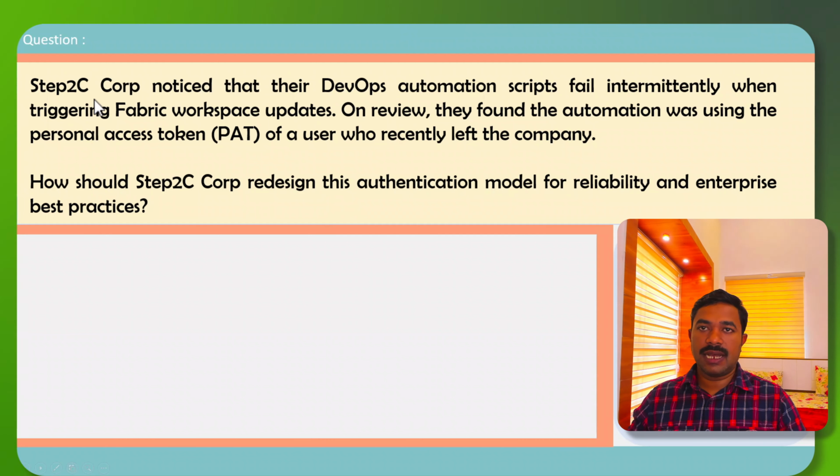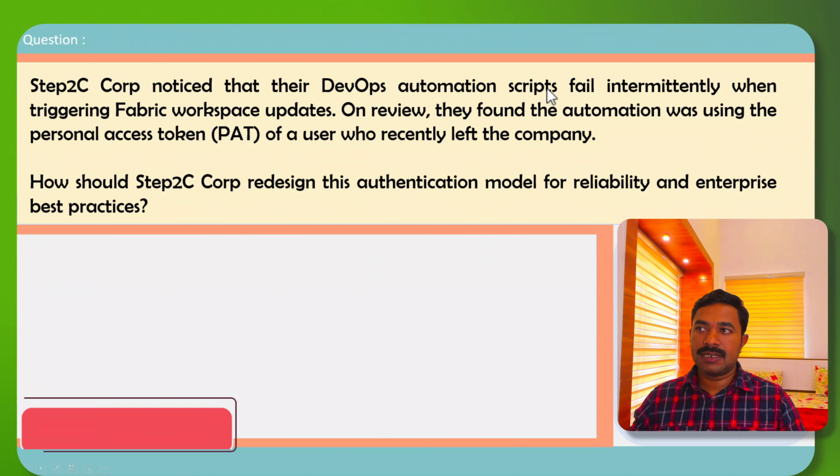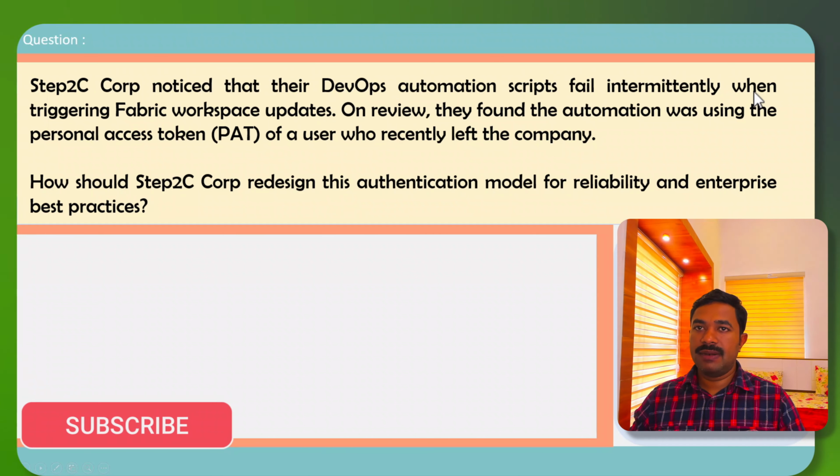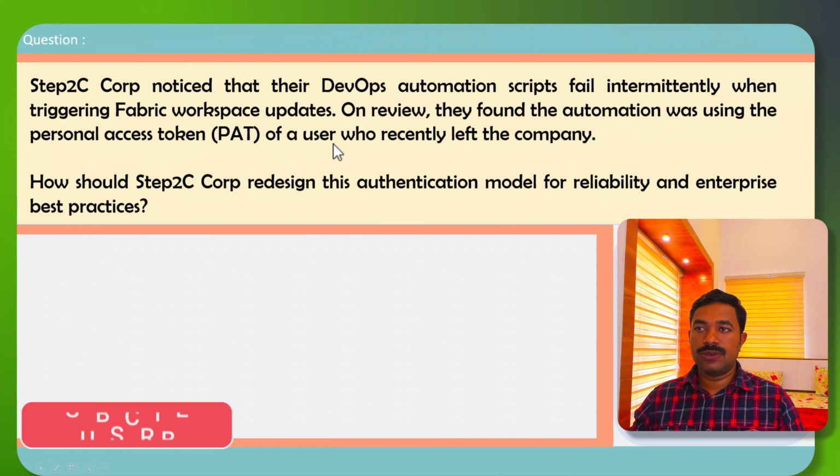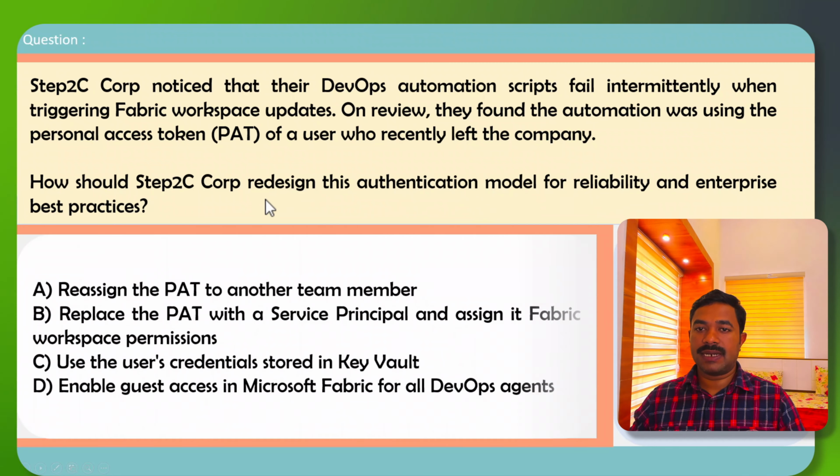Assume you are working for Step2C Corp and they noticed that their DevOps automation script failed in between when triggering a Fabric workspace update. On reviewing, they found that the automation was using the PAT of a user who recently left the company. How should Step2C Corp redesign their authentication model for reliability and enterprise best practice?